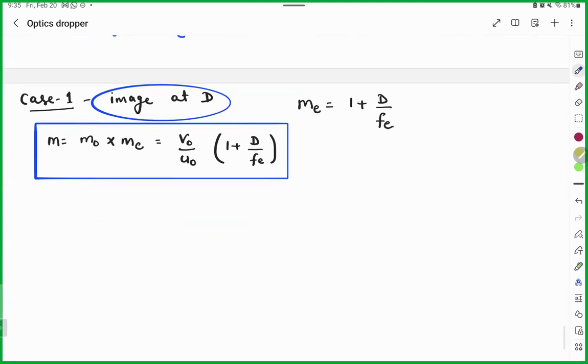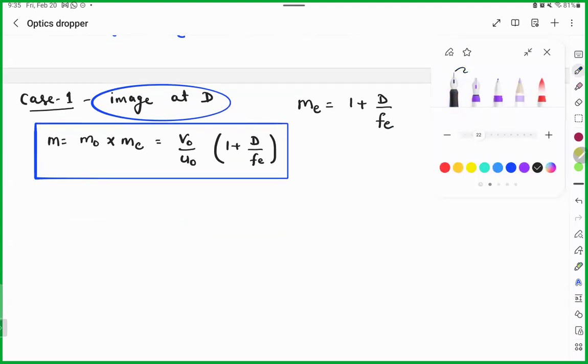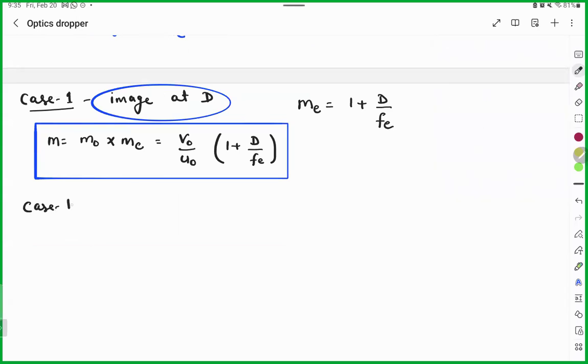Tanya, case 2, you have normal adjustment, image at infinity. Normal adjustment if your image is formed at infinity.